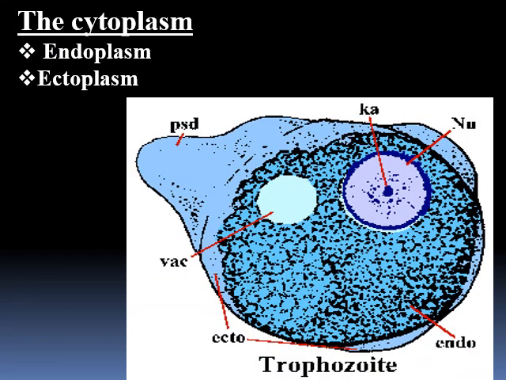The cytoplasm can be differentiated in some protozoa into endoplasm and ectoplasm. Endoplasm, surrounding the nucleus, consists of dense, finely granular protoplasm that functions in the digestion of ingested food and other processes, while the ectoplasm serves for locomotion, for obtaining and ingesting food, and for respiration and excretion.